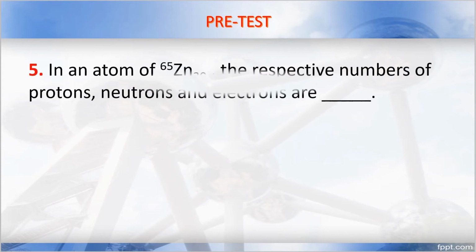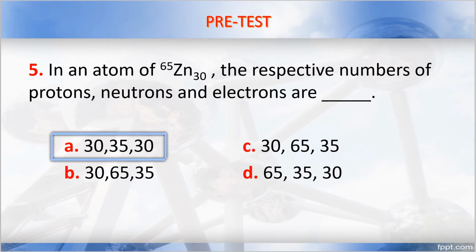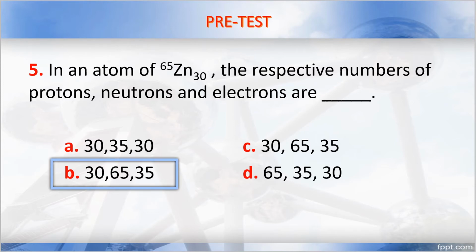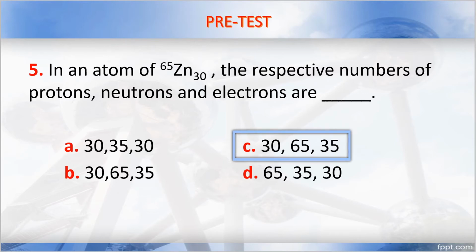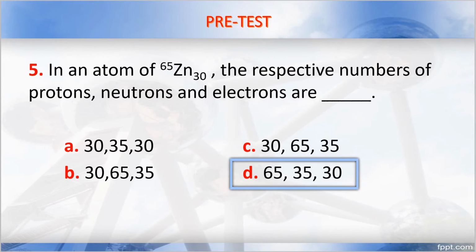Number 5. In an atom of 65Zn30, the respective numbers of protons, neutrons, and electrons are blank. A. 30, 35, 30. B. 30, 65, 35. C. 30, 65, 35. D. 65, 35, and 30.